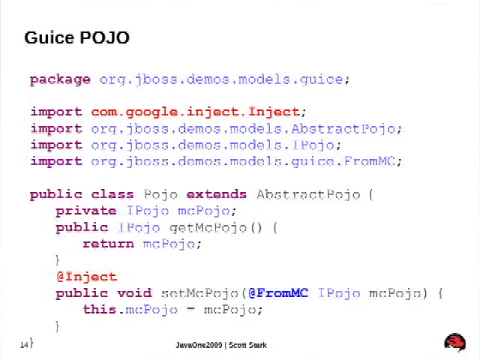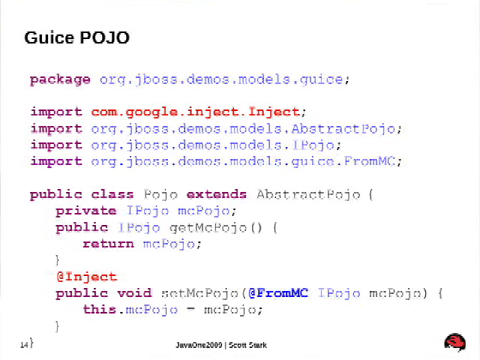So what I want to show today is a deployment of a Juice Pojo that is going to mix both the Juice deployment model, or the Juice component model, with the MC component model. Right, and what we have here is, again, a little Pojo that implements a common interface, IPojo, through this abstract Pojo base class.